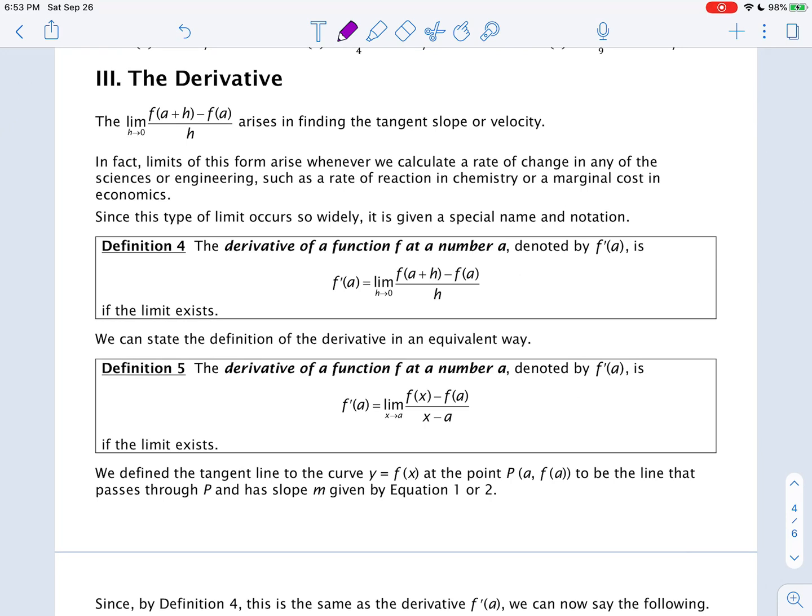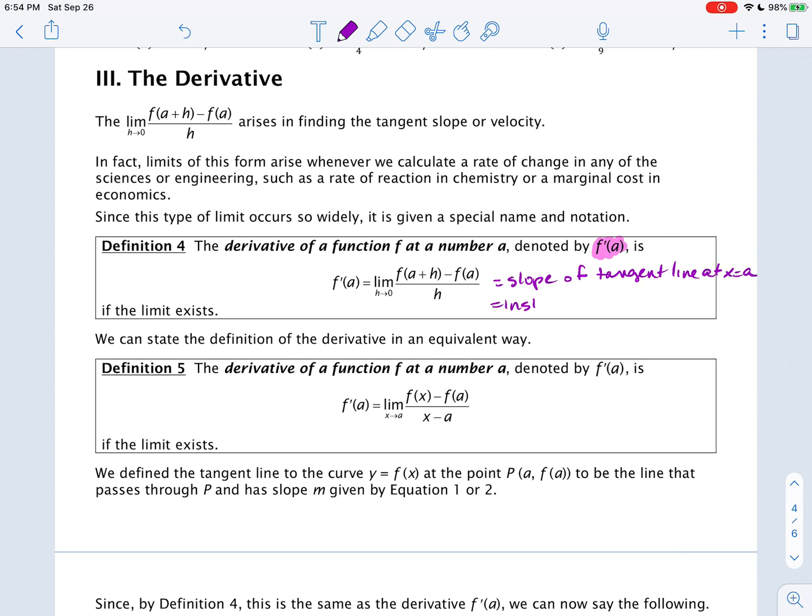Okay, so the derivative. The derivative of a function f at a number a is going to be denoted by this notation, f prime of a. And it is going to be the slope of the tangent line at a.